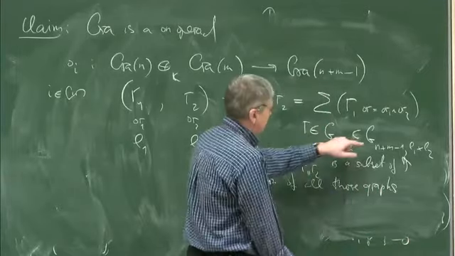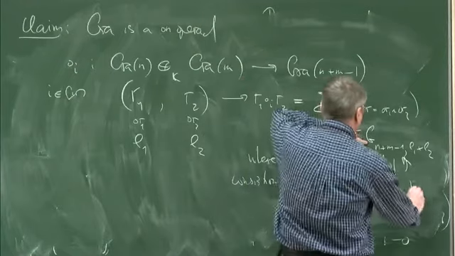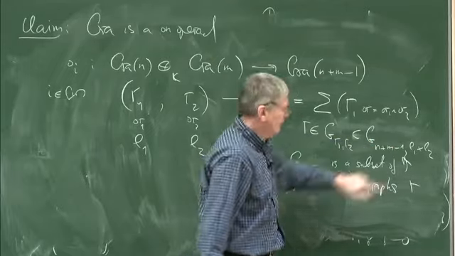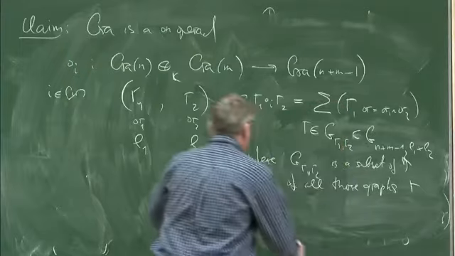Remember, graphs here will have n plus m minus 1 vertices, which satisfy two conditions.